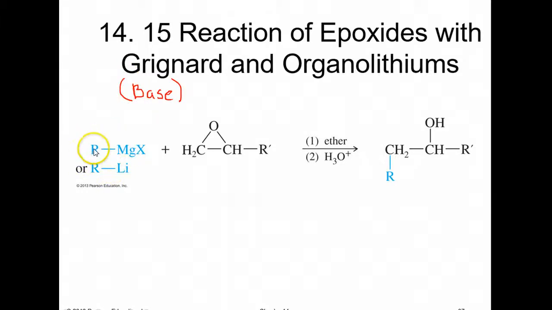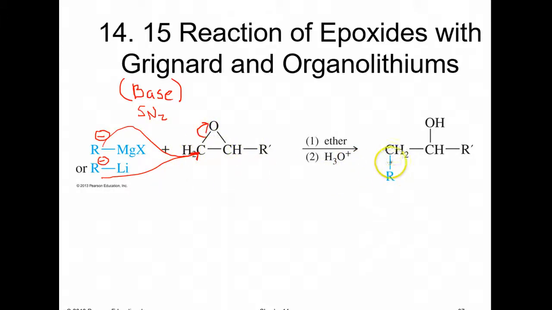If you remember, these have negative charges. Okay. So based on that, they go to the least substituted position. Your alcohol goes on the more substituted because these are going to attack based on SN2 type of mechanisms. So least substituted spot. They're going to attack that carbon right there, and pop open your epoxide.